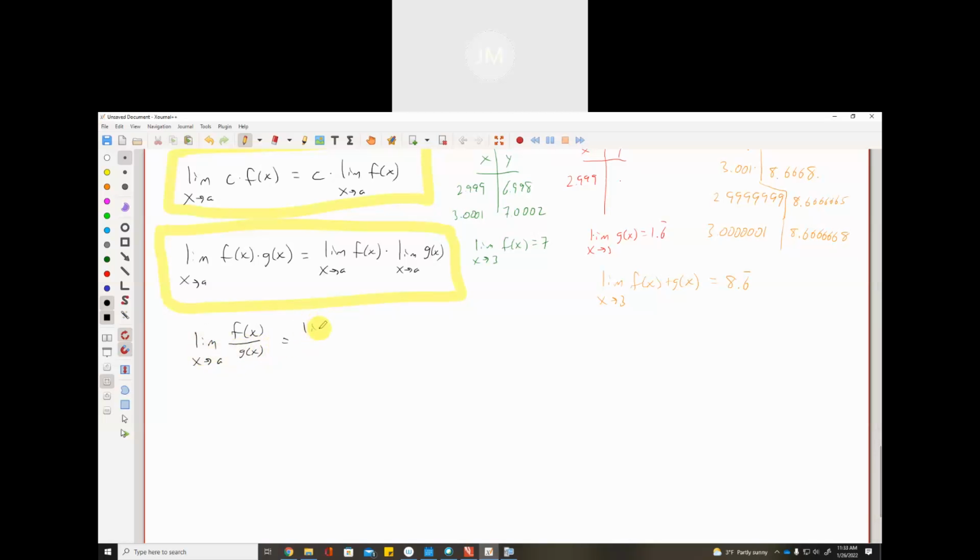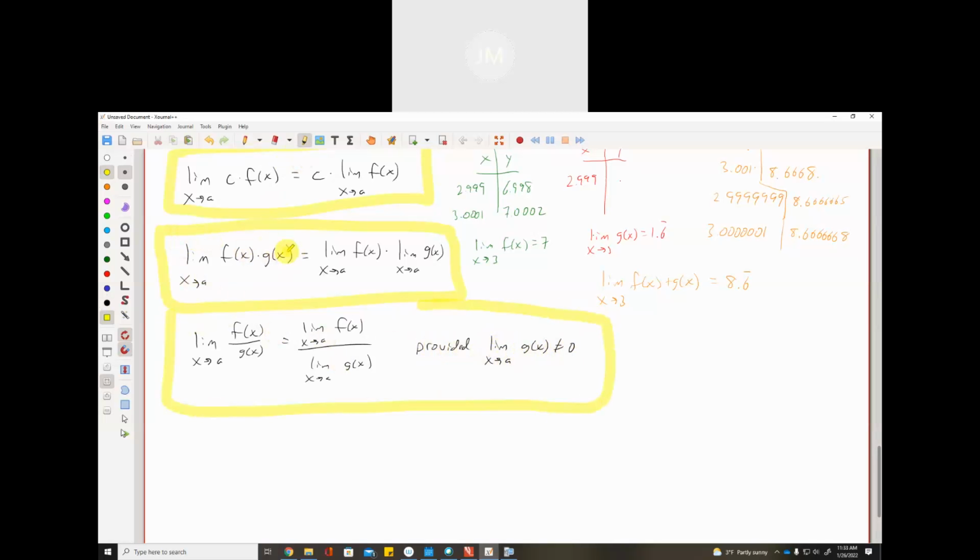So this is going to be the same as plugging into f and plugging into g separately, except that if this limit is 0, that doesn't work here on the right, but it could here on the left, provided the limit as x approaches a of g of x is not 0. We're going to explore that one here in a minute.